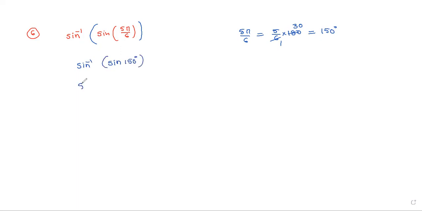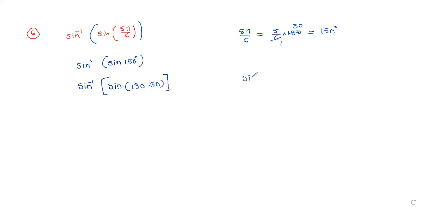Sin inverse of sin of 5 pi by 6. How much is the value? 5 pi by 6 means 5 by 6 into pi value 180. 6 1s are 6, 6 5s are 30, so it is equal to 150 degree. Sin inverse of sin of 150 degree. 150 is nearest to sin of 180 minus 30.